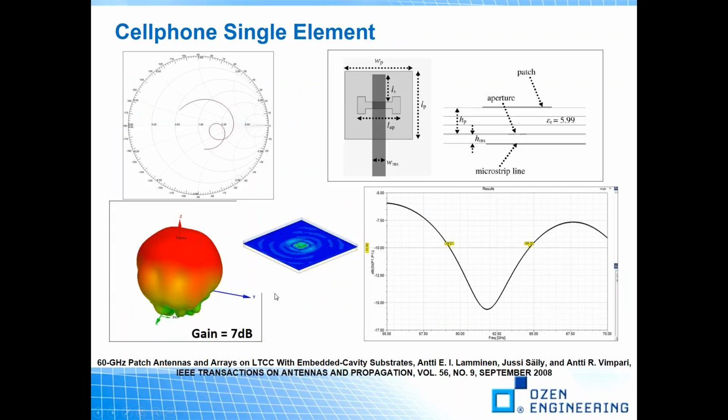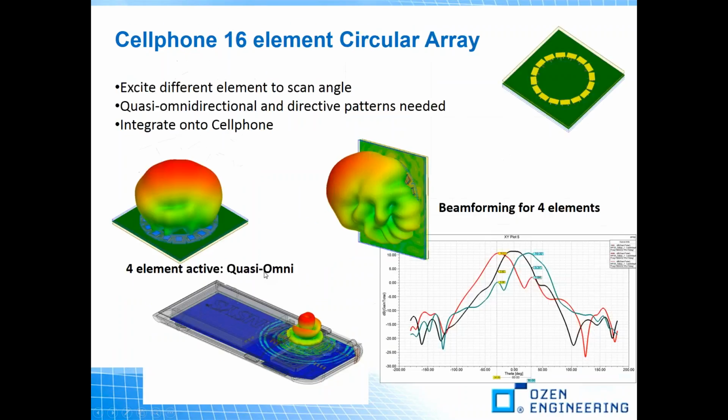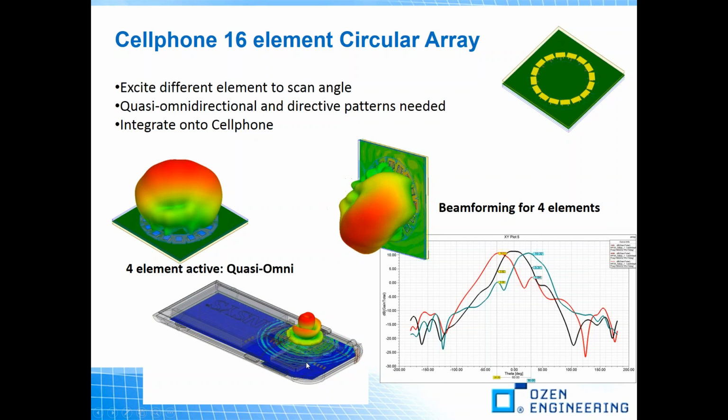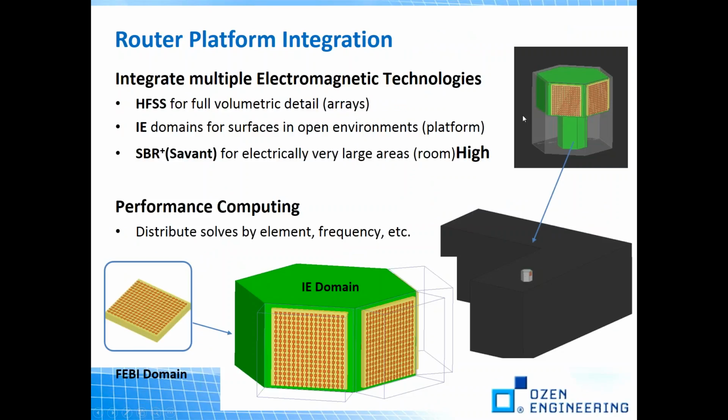So these are the results from the single antenna, which is designed for the cell phone. And also here you can see the performance of antenna for an array antenna integrated in the cell phone.